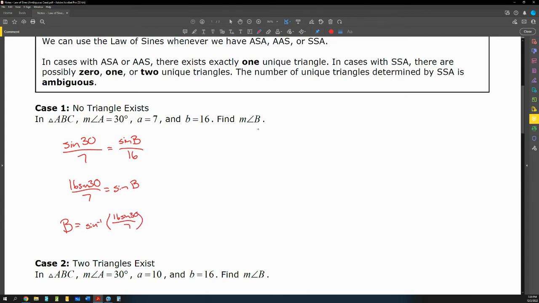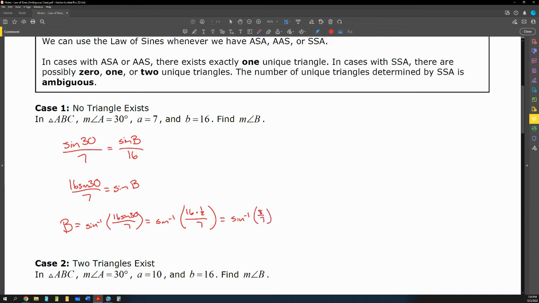Now, at this point, you could take out your calculator, but I noticed that we can simplify the argument of the inverse sine right here. I noticed that the sine of 30, that's a value that we know. This would simplify to the inverse sine of, well, we have 16 times the sine of 30, which is 1/2, and that's all over 7. And so we get the inverse sine of 8/7.